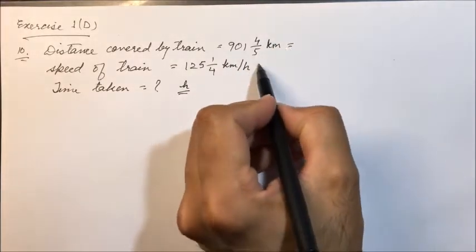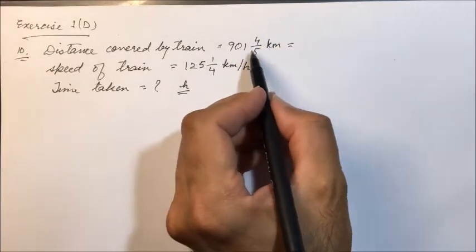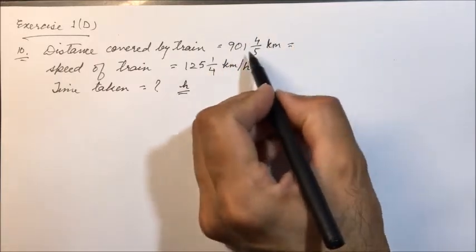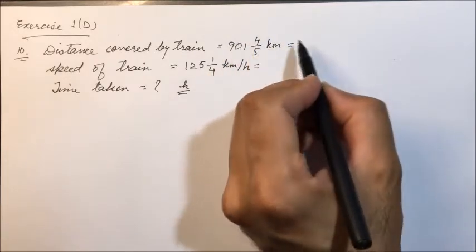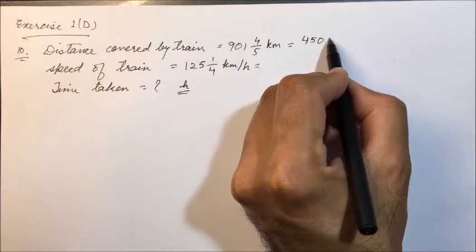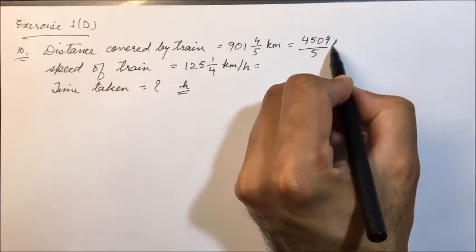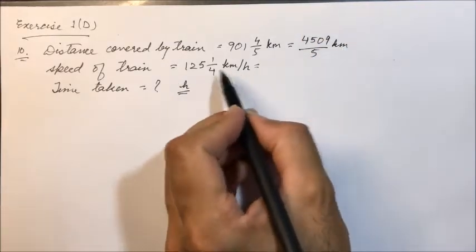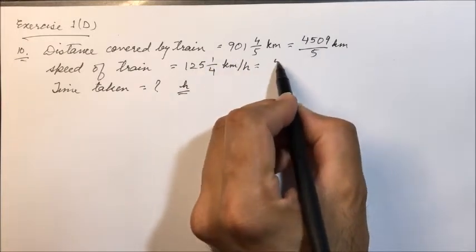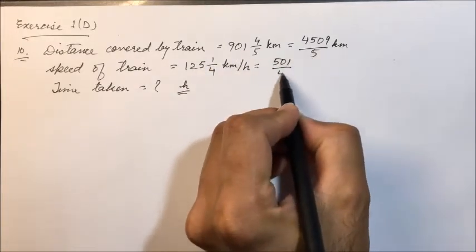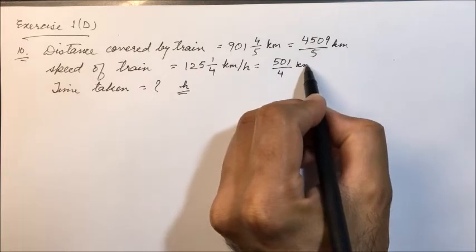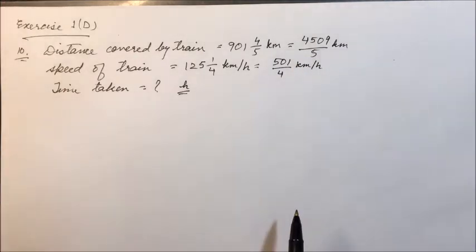Now we can convert them into improper fractions. It will be 5 into 901, 4505 plus 4, 4509 upon 5 kilometer. And this will be 501 upon 4 kilometer per hour.